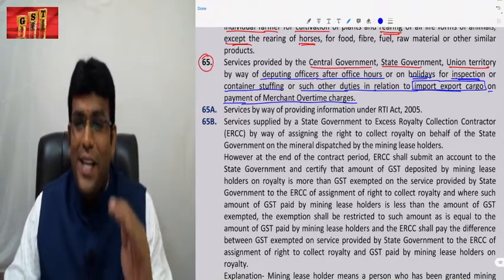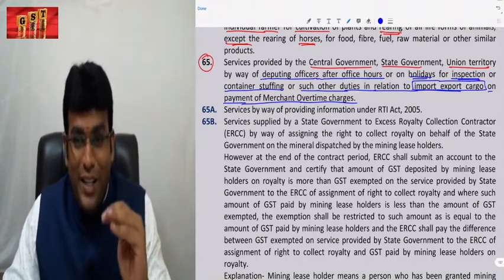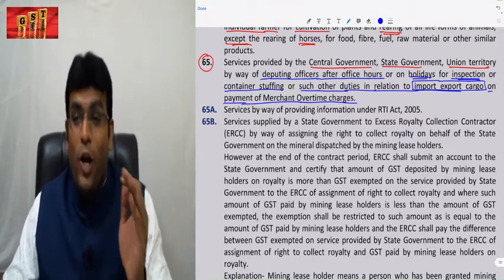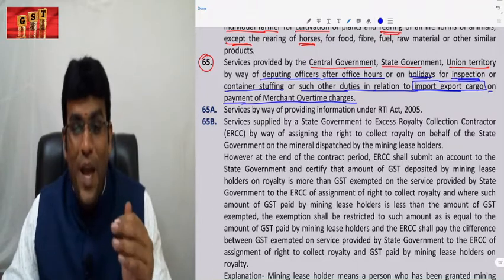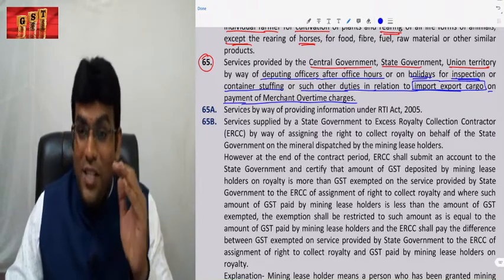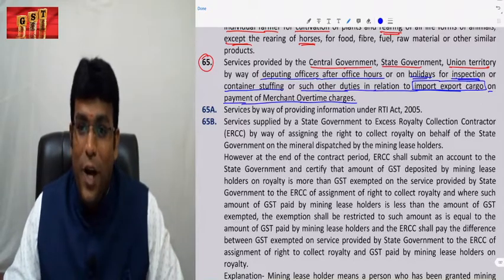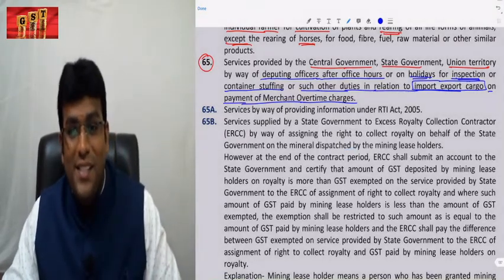Service given by central government, state government, union territory by way of deputing officers after officers are on holidays for inspection or container stuffing or such other duties in relation to import-export cargo on payment of merchant overtime charges.